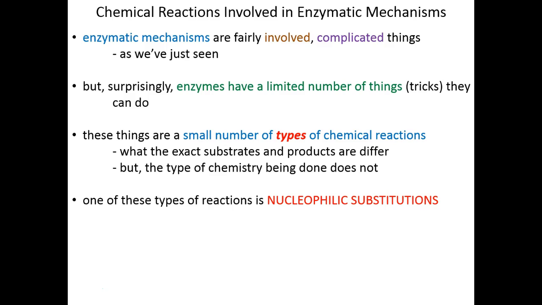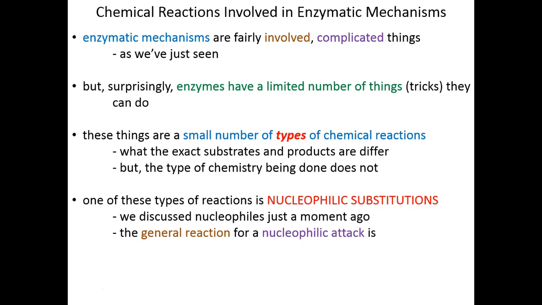One of these common reaction types are nucleophilic substitutions, and we just saw a nucleophilic substitution or a nucleophilic attack a moment ago. The general reaction for any nucleophilic attack is that some attacking nucleophile R is bound to some group X, but it would rather be bound to Z, and so it attacks Z and lets go of X. So to put this in the context of the chymotrypsin mechanism we just witnessed, we can think of Z as the attacking nucleophile.